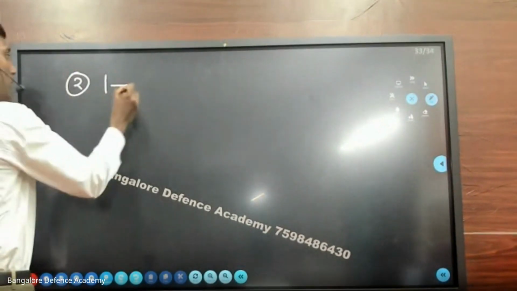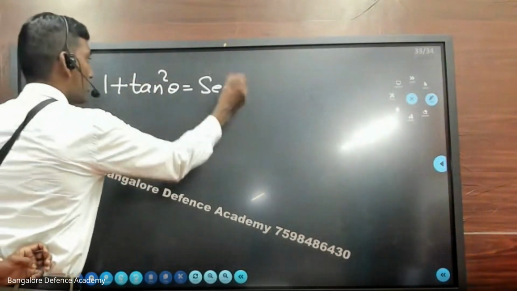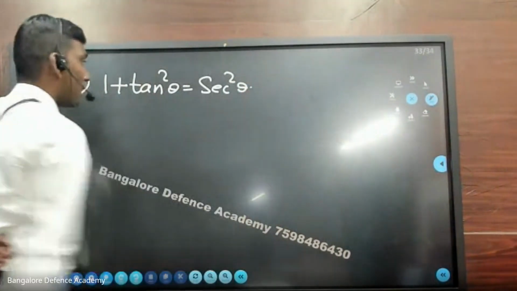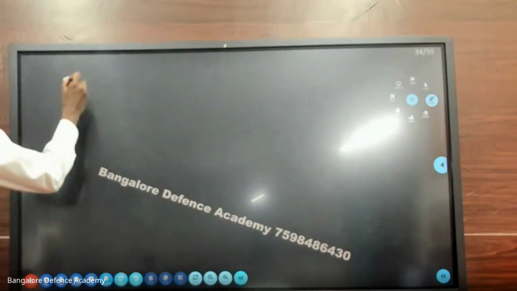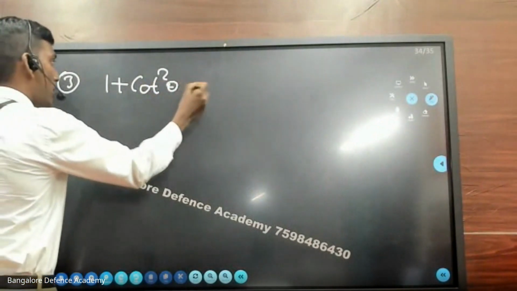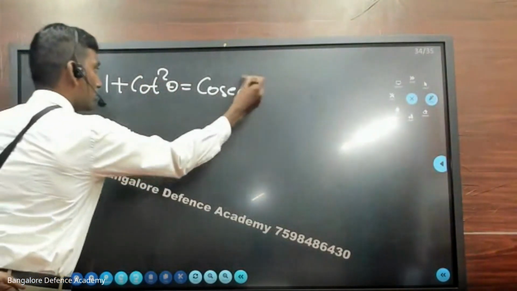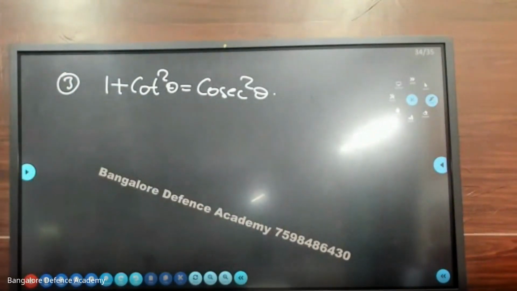Next, 1 plus tan square theta is equal to secant square theta. Have you written the second identity, everyone? Written. Next, third, 1 plus cot square theta is equal to cosecant square theta. Fine. Is it done for everyone?